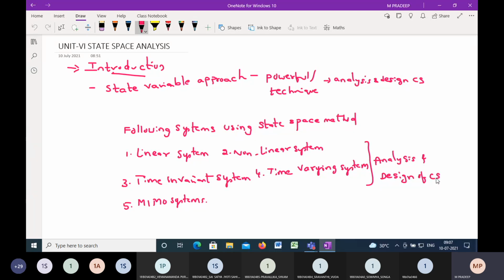We are going to consider either linear or non-linear systems, either time variant or time invariant systems, or multi-input and multi-output systems. That means the number of inputs which we consider, as well as the number of outputs which we produce.